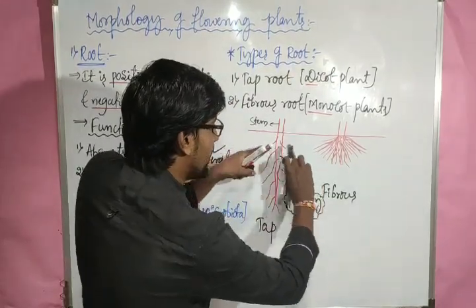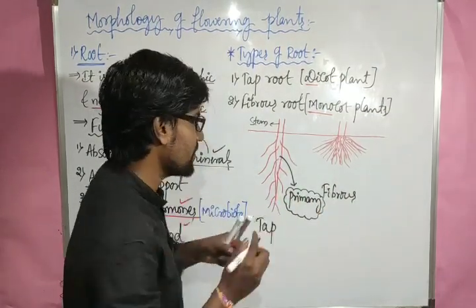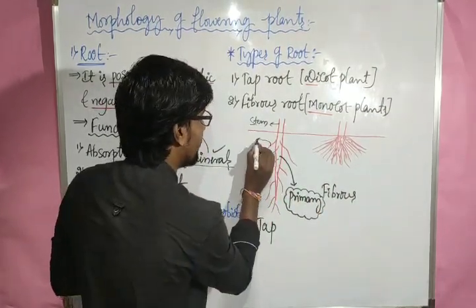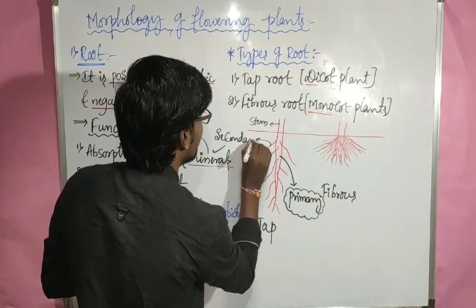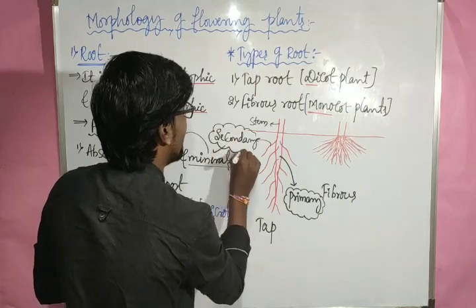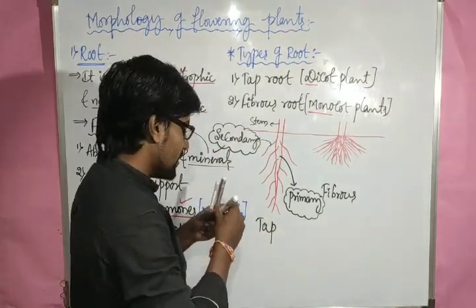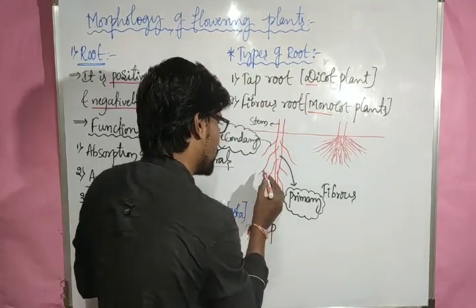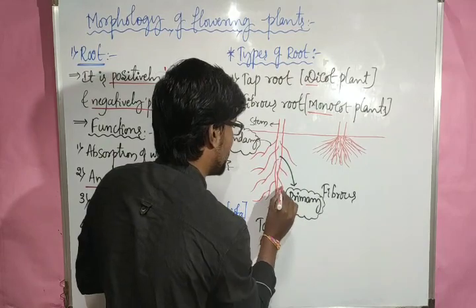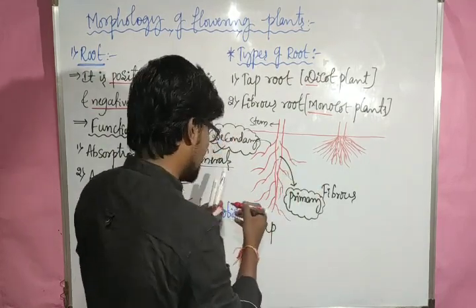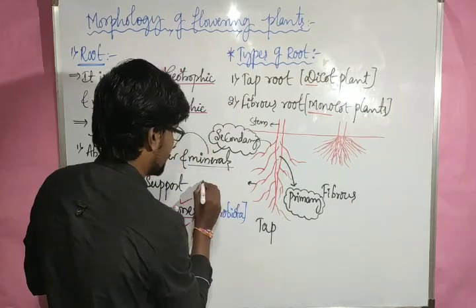Primary root is having divisions. ಅದಕ್ಕೆ ಮತ್ತೆ ಕೊಂಬೆಗಳ ತರ ಸ್ಟ್ರಕ್ಚರ್ಸ್ ಕಾಣಿಸ್ತಾವಲ್ಲ, divisions. These divisions we will refer them as secondary roots. So these are secondary, and these secondary roots again they may be divided, again they may be branched, and these branching roots we will refer them as tertiary roots.